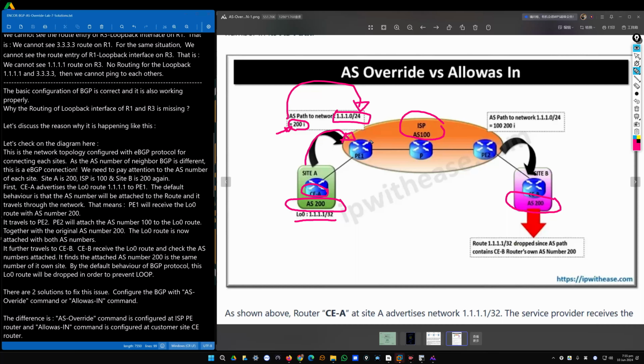It travels to PE2. PE2 will attach the AS number 100 to the loopback 0 route together with the original AS number 200. The loopback 0 route is now attached with both AS numbers. It further travels to the CEB router.